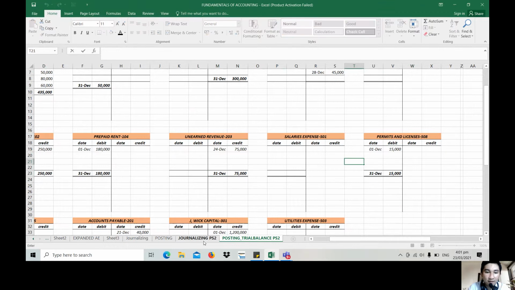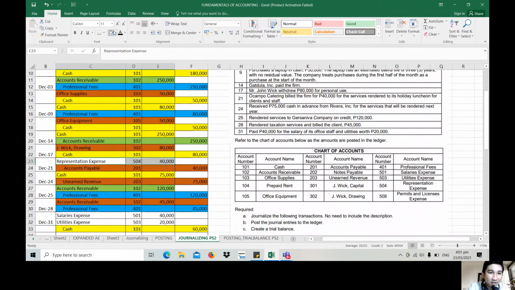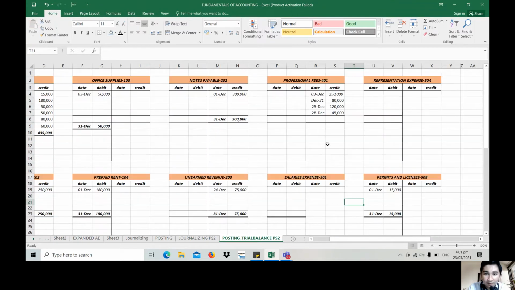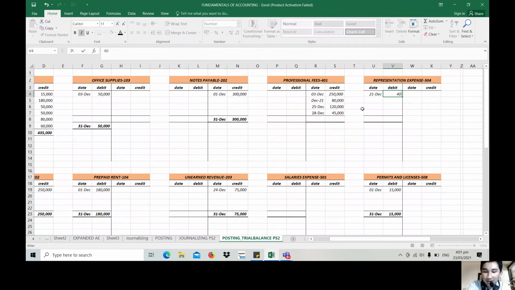Aside from that, meron pa ba? Representation expense, 40,000. December 21. Ayan. Hang on, malapit na tayo. Okay. So that is 40,000 pesos. Ayan.